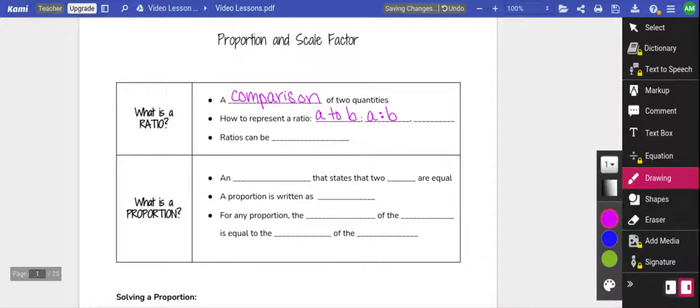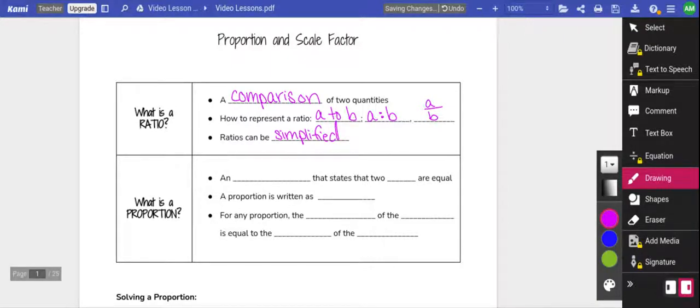We still say A to B. And the last way is using a fraction bar, A to B. An important note is that ratios can be simplified, and we will simplify our ratios when we determine scale factor.